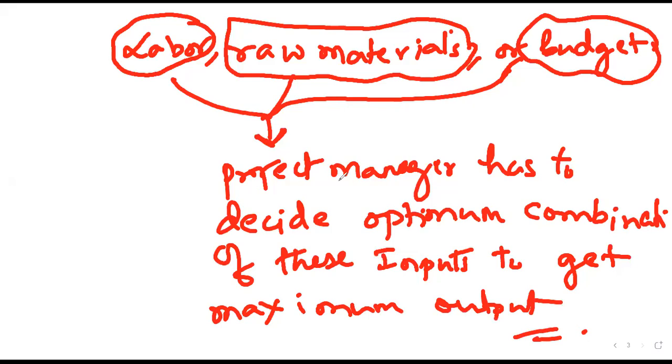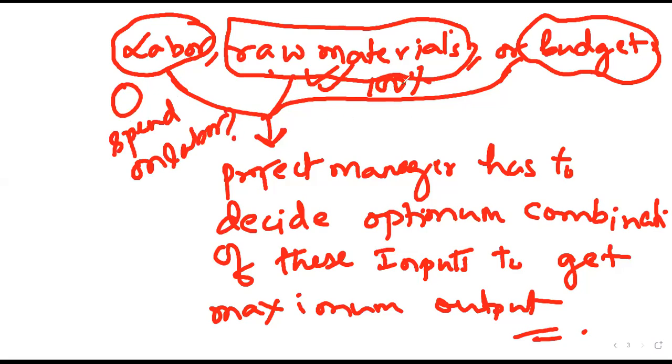We cannot say I'm investing 100% on the raw material. The organization cannot say it is going to spend 100% on raw material and zero on labor. Why? Because labor is also equally important, and raw material is also equally important. The project manager has to decide how much to spend on labor, the number of laborers or salary given to them, or on raw materials.